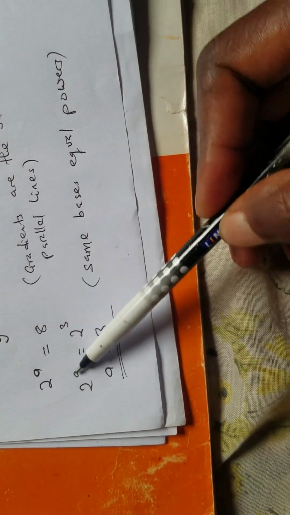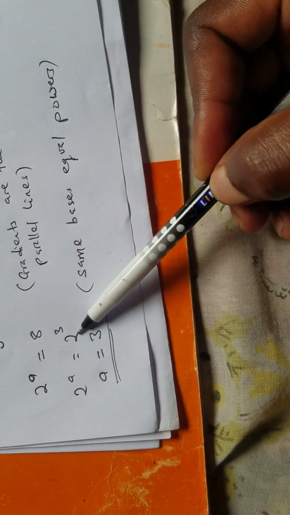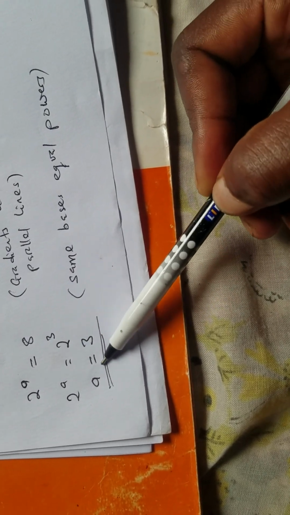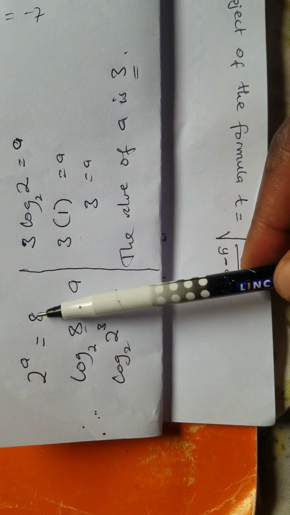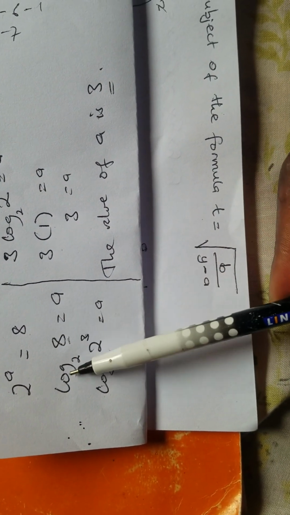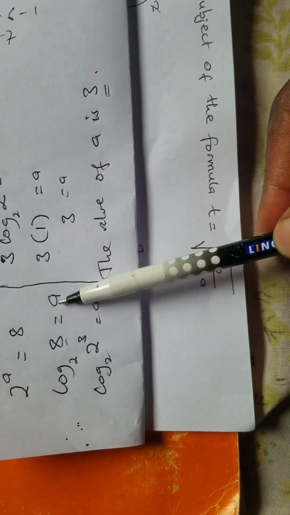So from this stage, you can use same bases, equal powers, and you find a is equal to 3. Else, you can use the rules of indices, like this one. 2 to the power a is equal to 8. Then you use the rules of indices: log 8 base 2 is equal to a.